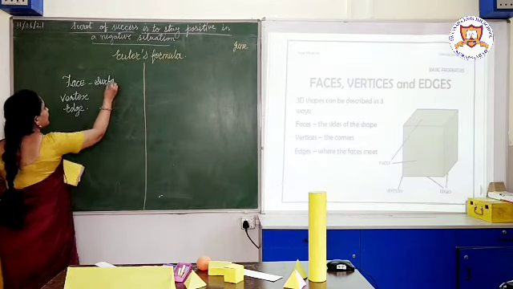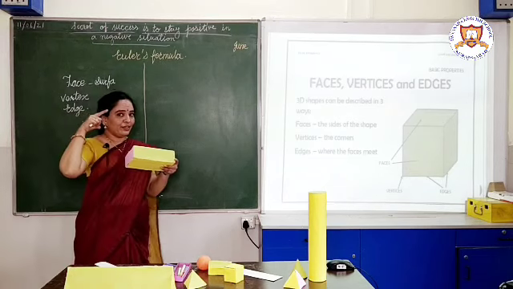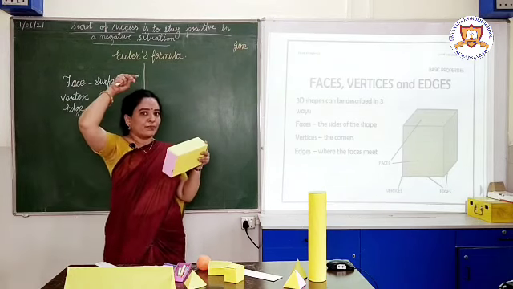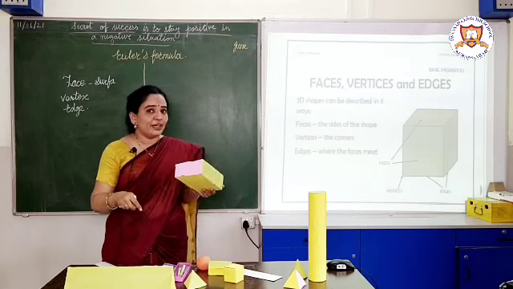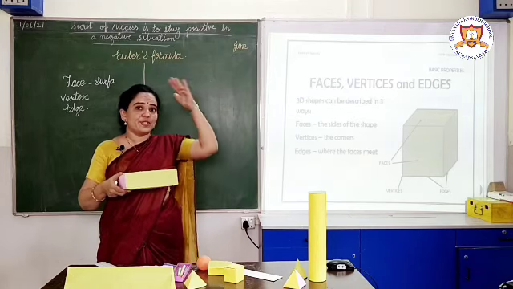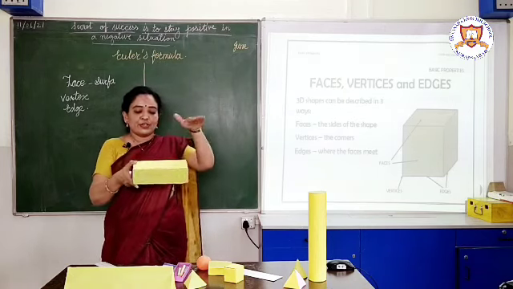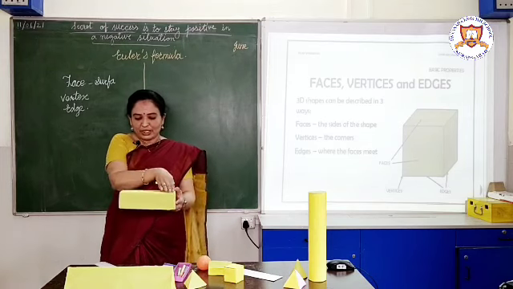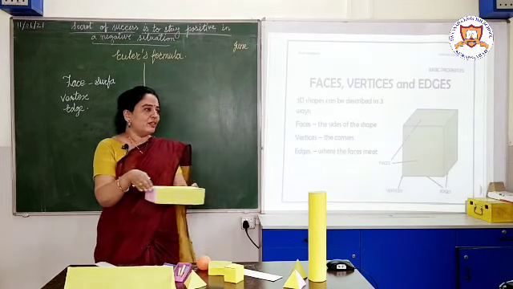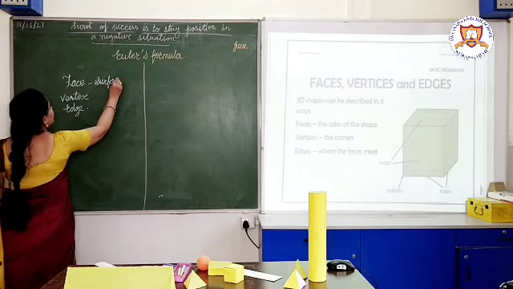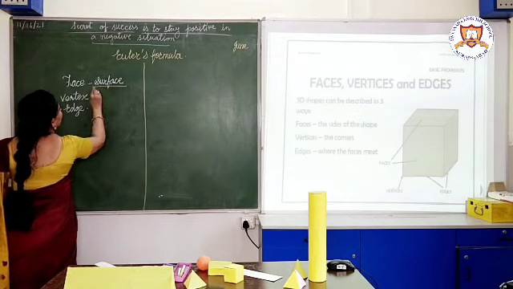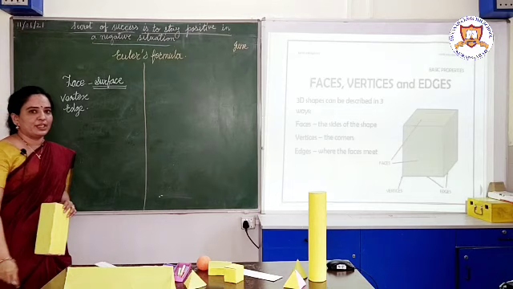We can say side means side view. When we are looking from the top at our building, that is the top view, the top side of that building. So if I keep it down, the top side is coming as a rectangle. That surface is called a face.